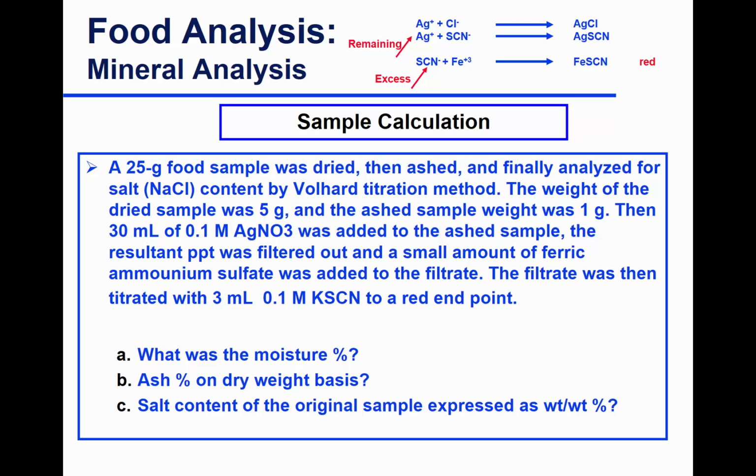And you have the total. When you subtract that, you'll know the number of moles of the silver nitrate that reacted with the chloride. And because it's a 1-to-1 ratio, that would be equal to the number of moles of chloride, which is equal to the number of moles of NaCl, because NaCl is also 1 Na and 1 Cl. So you'll know the number of moles of NaCl. You can calculate the mass by knowing the molecular weight.